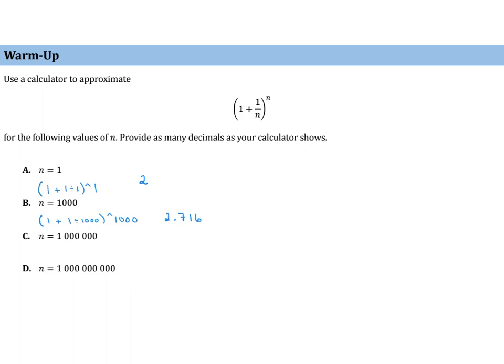Now, your calculator may show more decimal places than mine or less, but we're just going to list them all. So I suggest pausing the video if you obtained both of those, and now seeing what happens whenever you put in 1 million for n and then 1 billion for n.